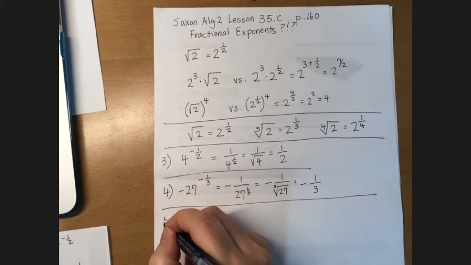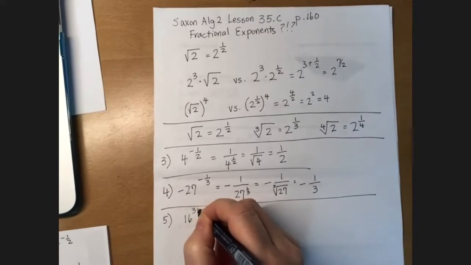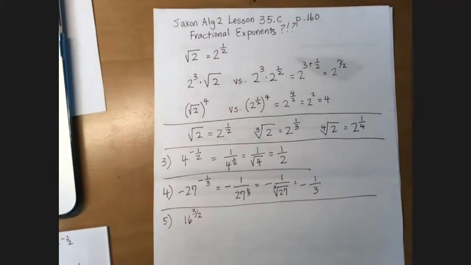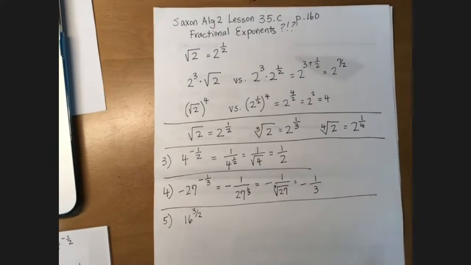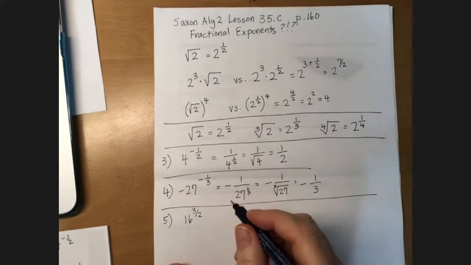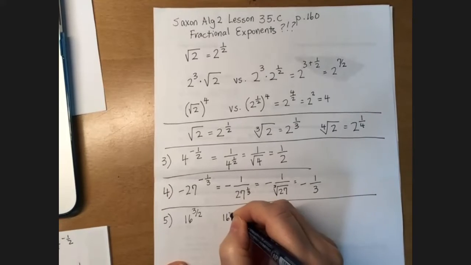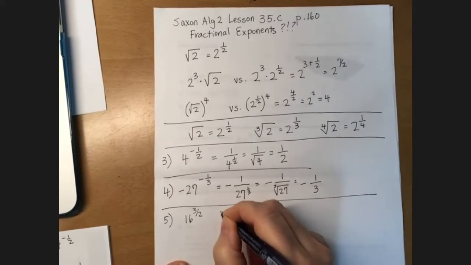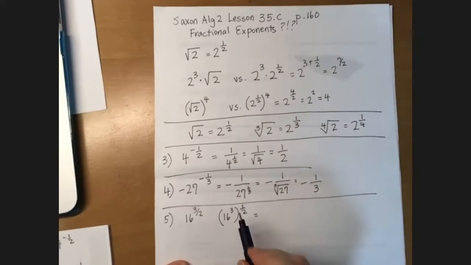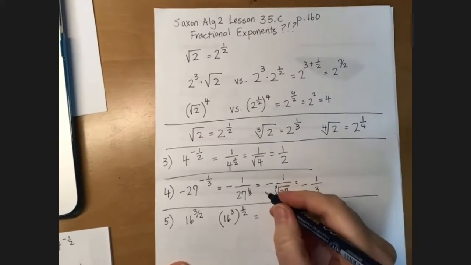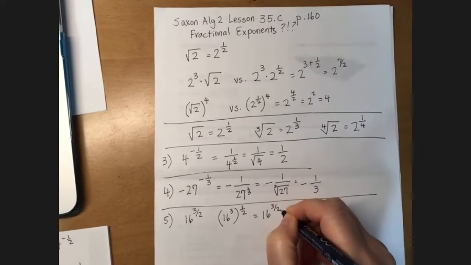Number 5. 16 to the 3/2. Now, when we have to simplify something like this, we have 2 choices. Let's see what they are. We can do 16 cubed to the 1/2, because when we multiply 3 times 1/2, we're going to get 16 to the 3/2.